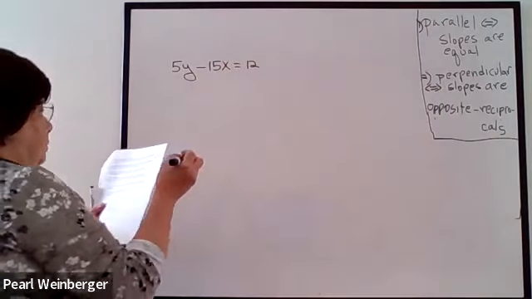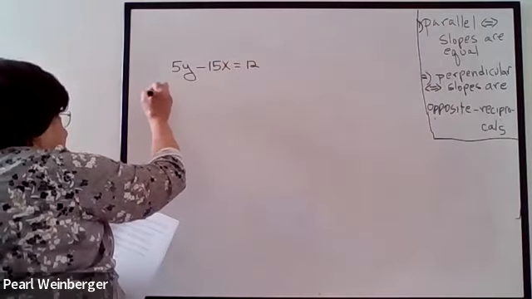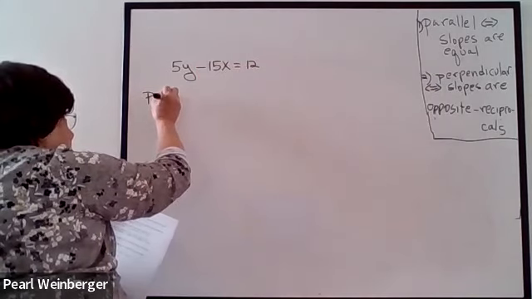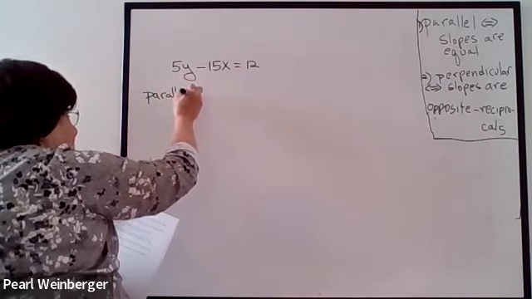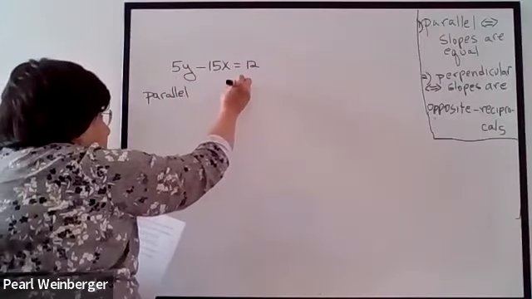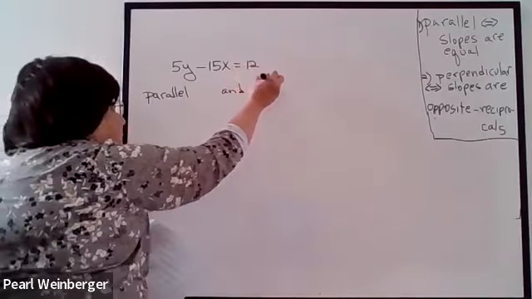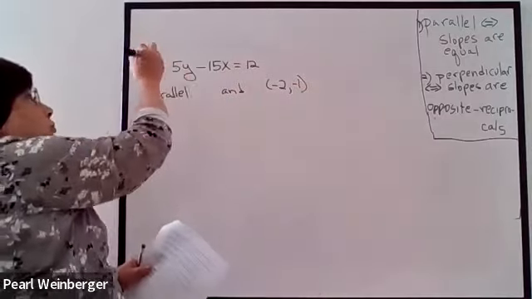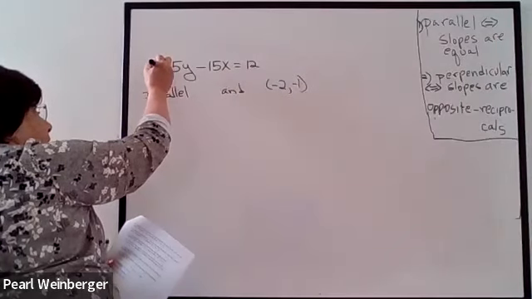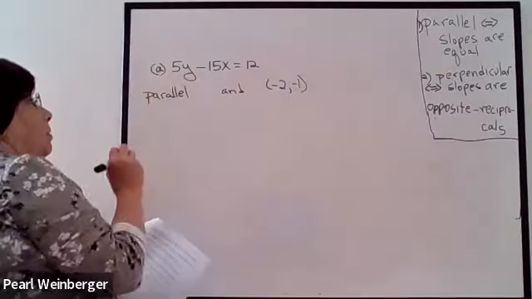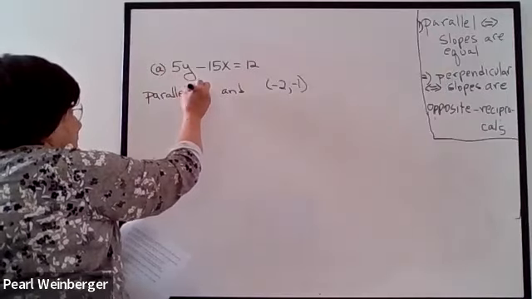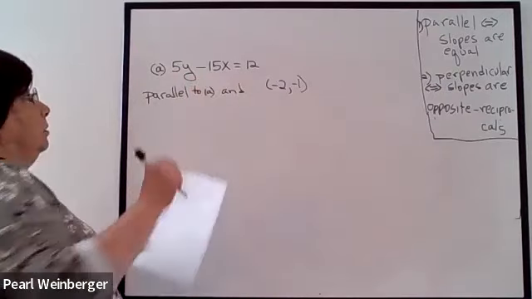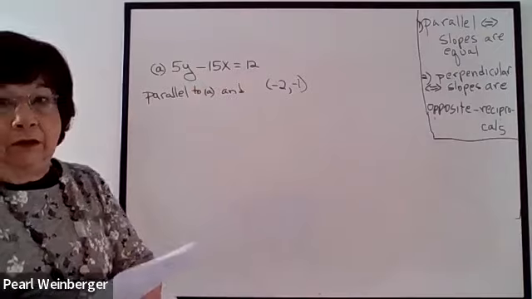I want an equation of a line parallel to this line, and going through the point (-2, -1). Okay, so here's my original line. Again, let's call this A. I want a line parallel to line A, going through the point (-2, -1).